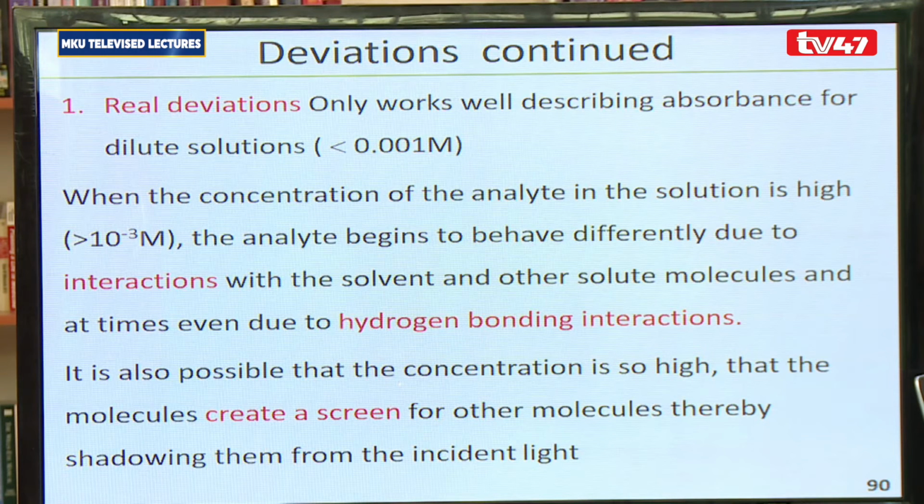If your solutions are not dilute, we start getting interactions with the solvent and other solute molecules, or even things like hydrogen bonding, and these are likely to affect the absorbance measurement. Or if the concentration is so high, some molecules will screen others from receiving the radiation, and again this will interfere with the resulting absorbance measurement.